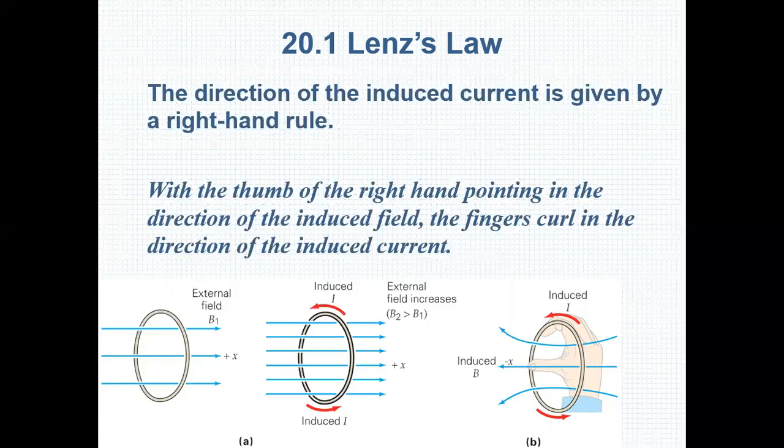Look here, what is the right hand rule? If the induced magnetic field is in the direction of the thumb of your right hand, the induced current will be in the direction of the curled fingers, these fingers. Okay, this is the direction of the induced current.